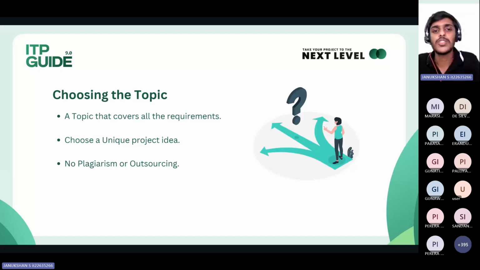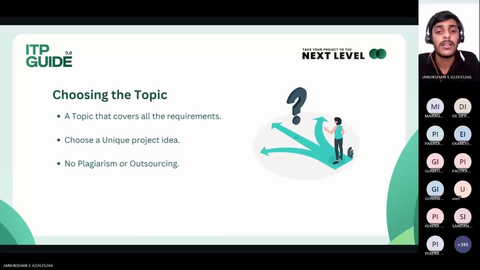And you must choose a unique project idea, because it is recommended not to pick a very common topic such as school management, hospital management, or hotel reservation, because many people earlier have done so. So always try to come up with a new unique idea.